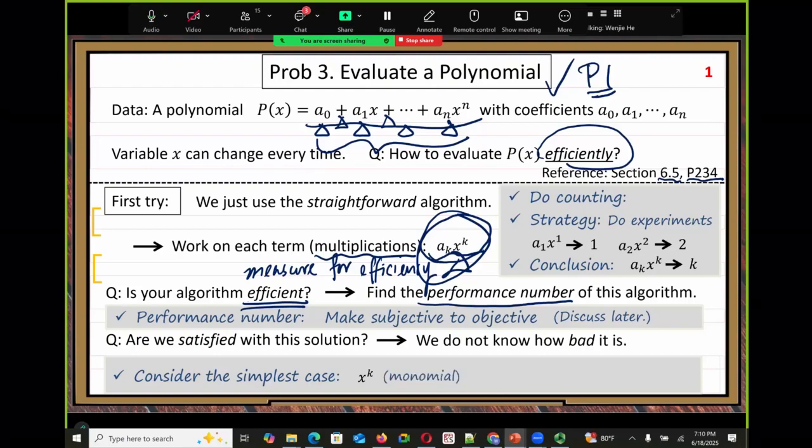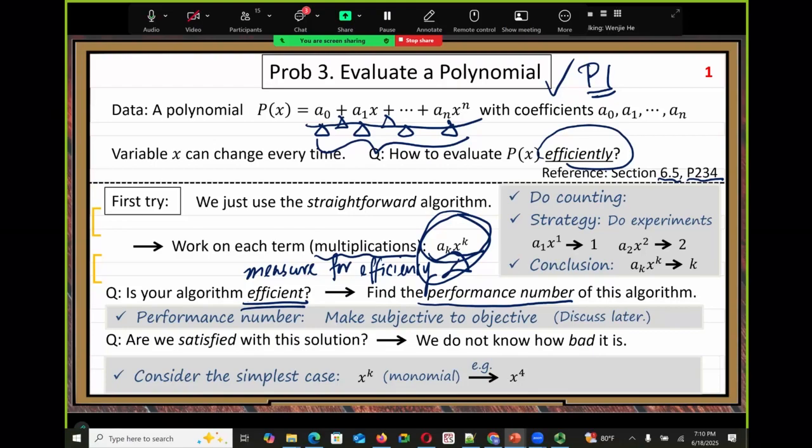But let's consider a special monomial here: x to the fourth.